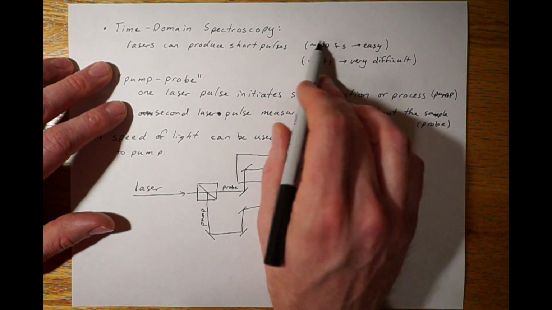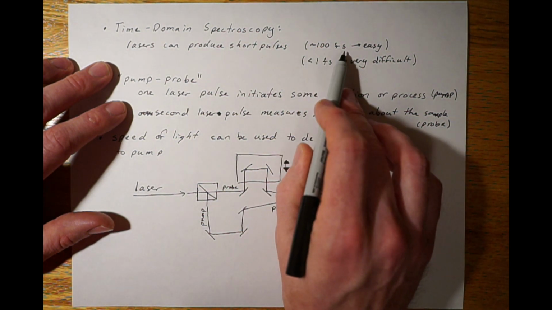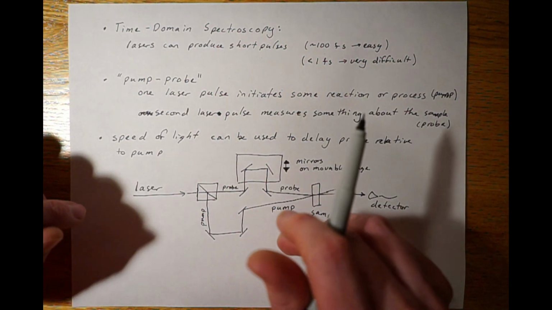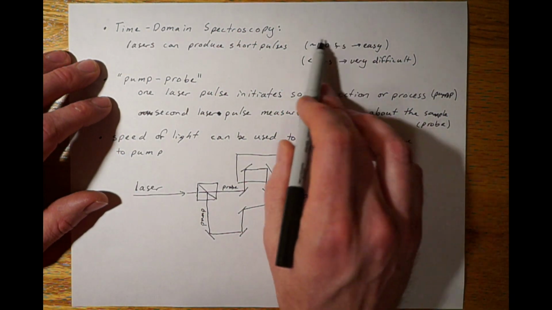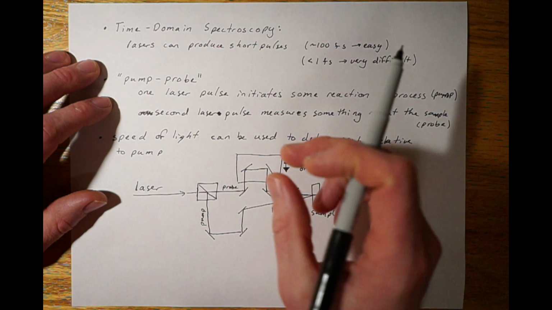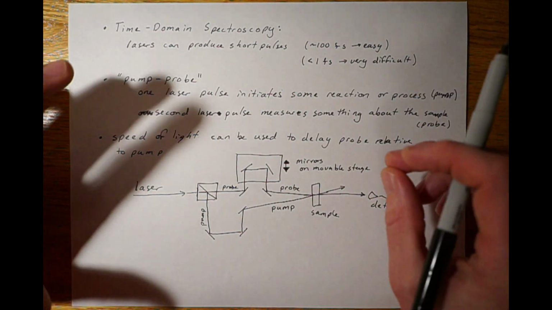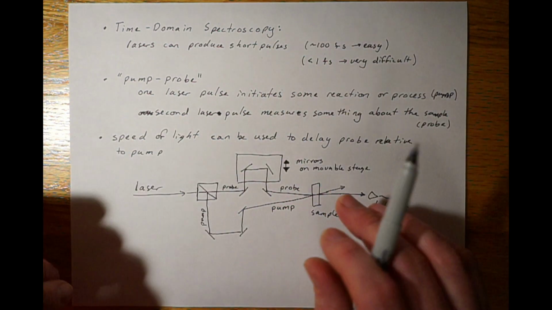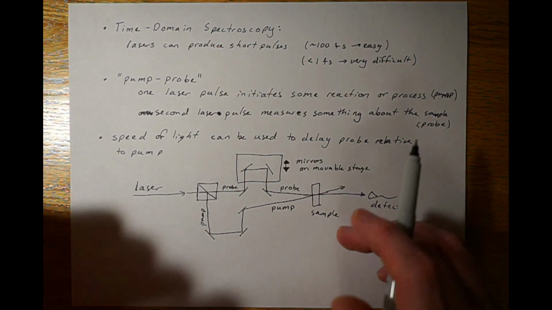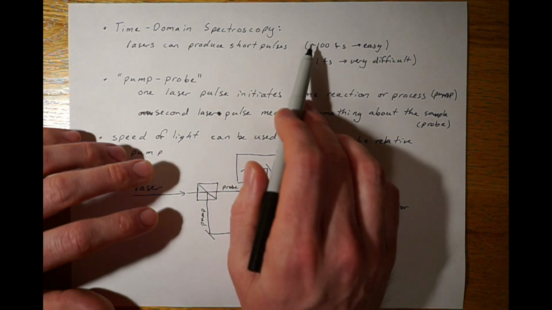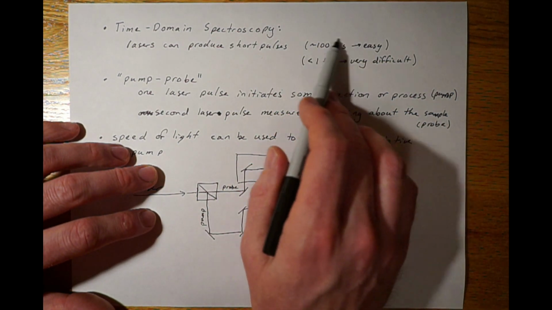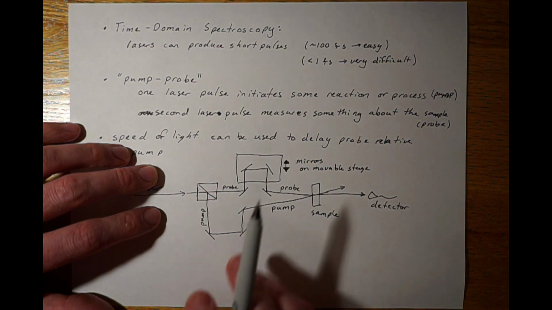So it's very common to see lasers producing pulses in the, say, 30 to 150 femtosecond regime and getting information about chemical reactions, motions of nuclei, motions of electrons on this 100 femtosecond timescale. So that's 10 to the minus 13 seconds.